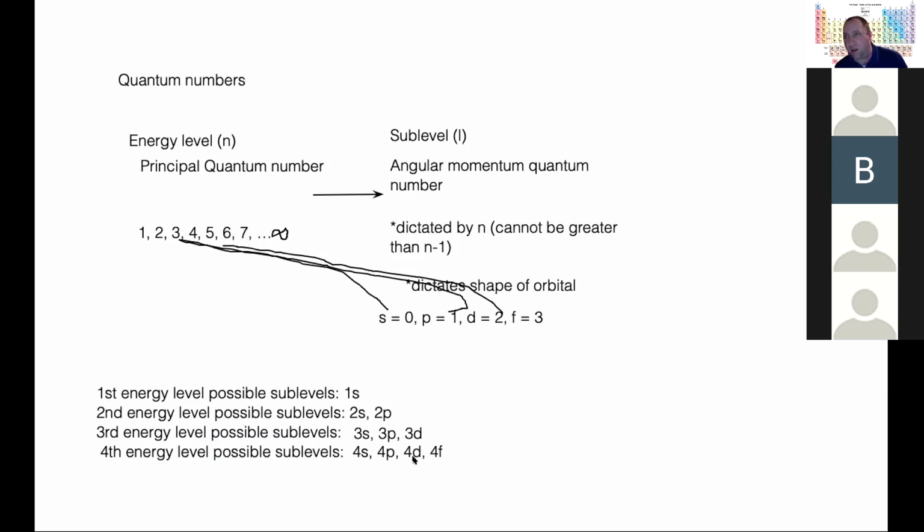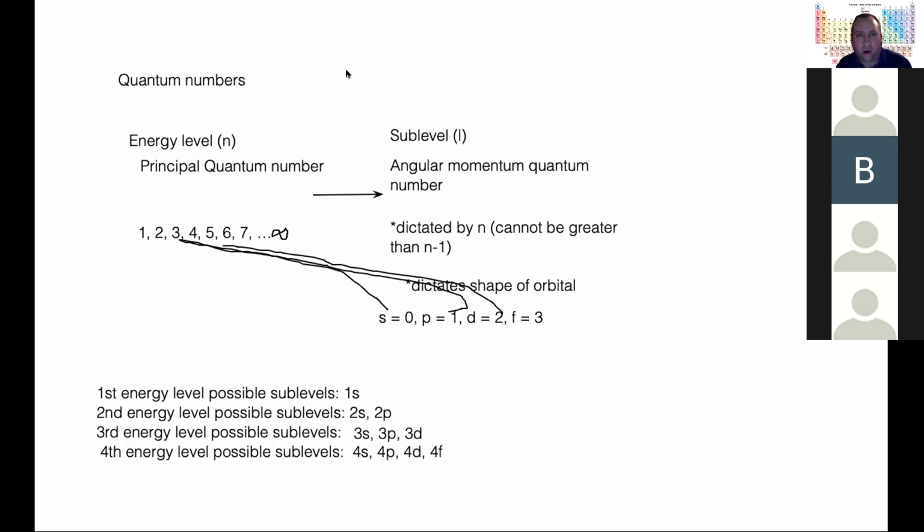As we go away from the nucleus, there is more distance, which means the possibility for more sublevels, more orbitals, more electrons. So here are the first two quantum numbers. They help us describe any given orbital in terms of its sublevel, which gives us an idea of dimension, distance from the nucleus, and shape.